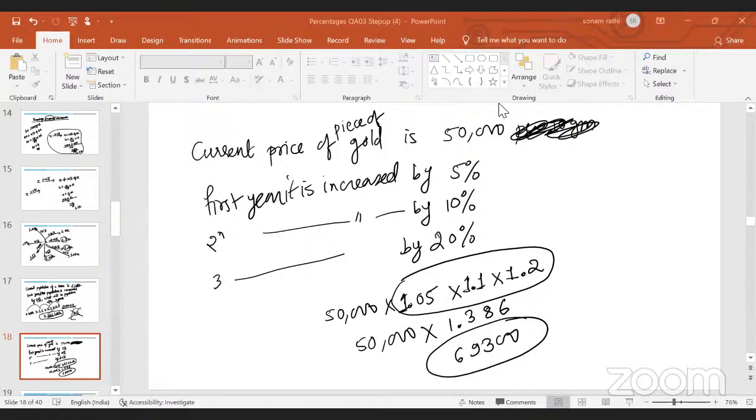Everyone, please check your answer, whether it's correct or not. It's correct answer. Correct? Everyone got it?